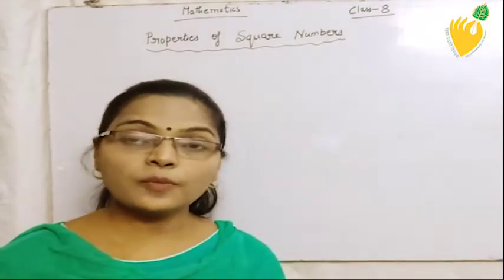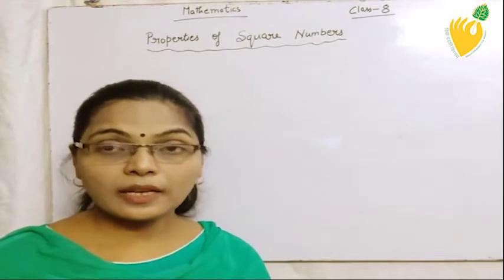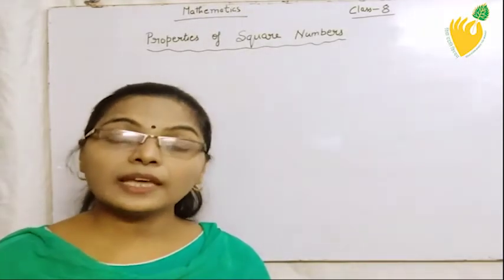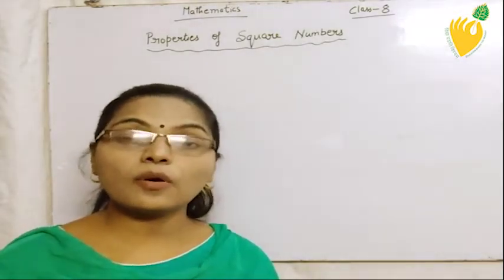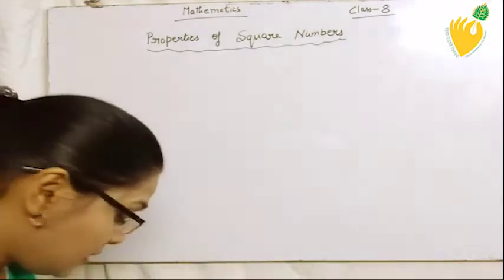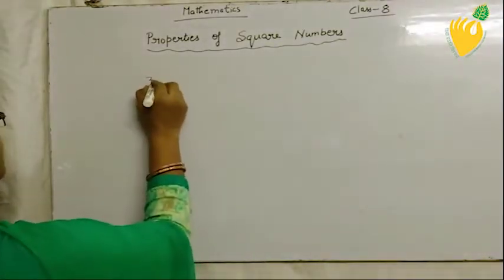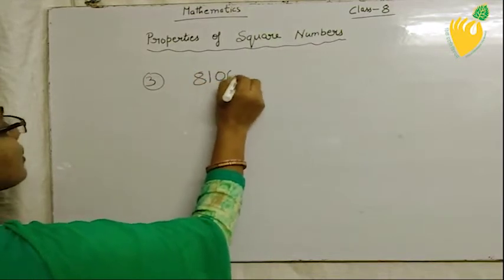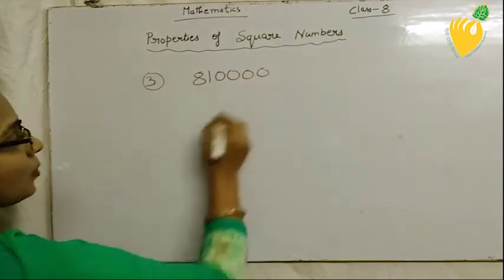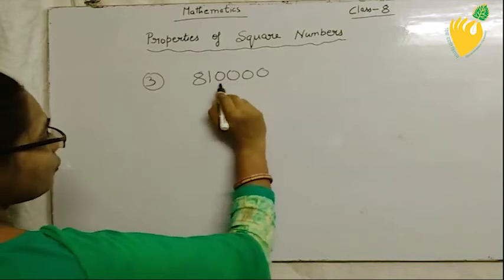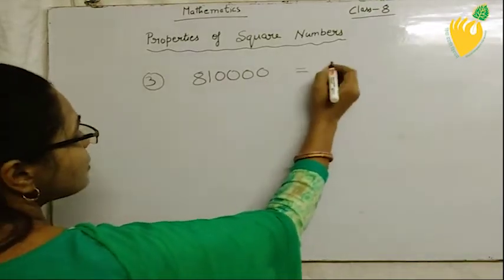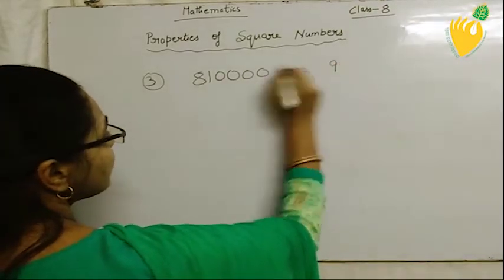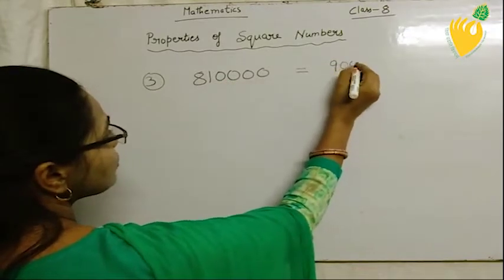Now see, the next property of square numbers is that the number of zeros at the end of a square number is always even. Take one example. Suppose, how many zeros are there? 1, 2, 3, 4. So it is the square of, students, 9 nines are 81, 0, 0.